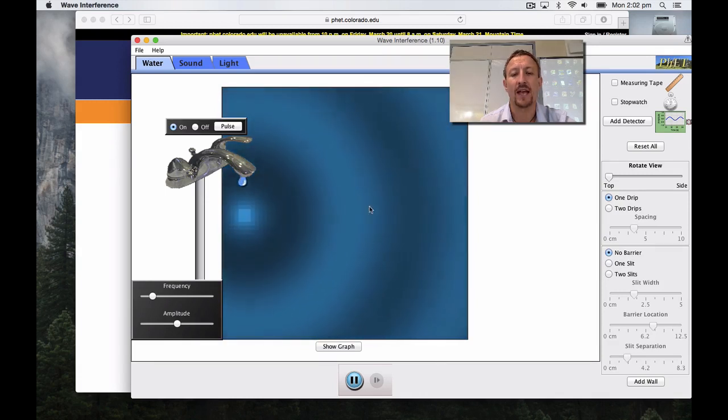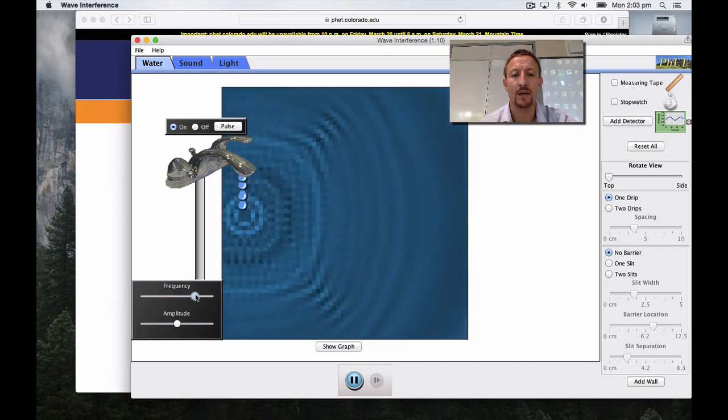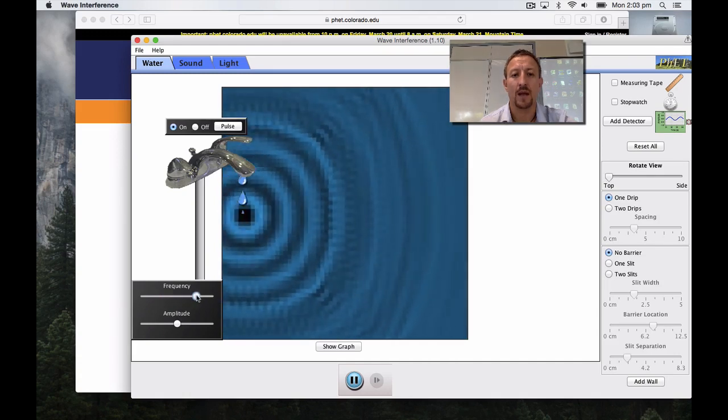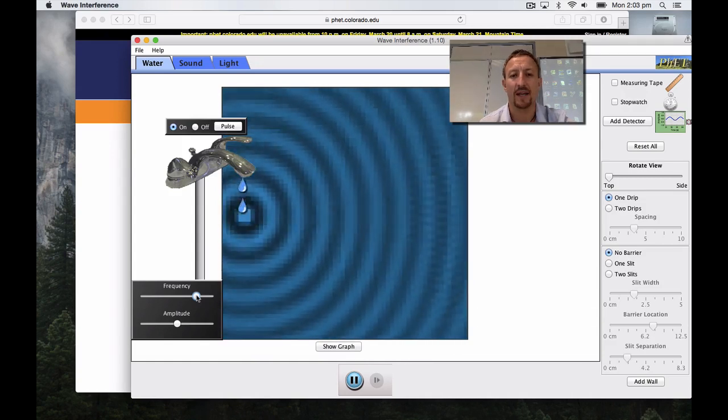Now what we're going to be looking at, when you deal with a wave, is things called wave fronts. A wave front can be virtually anything, but generally we say a wave front is a crest. Down here on the left-hand side, I can increase my frequency just by moving the blob along, and you can see I now generate a faster frequency with a smaller wavelength.